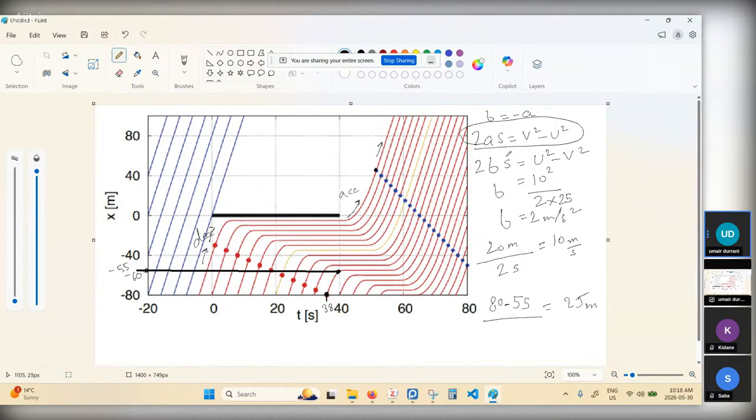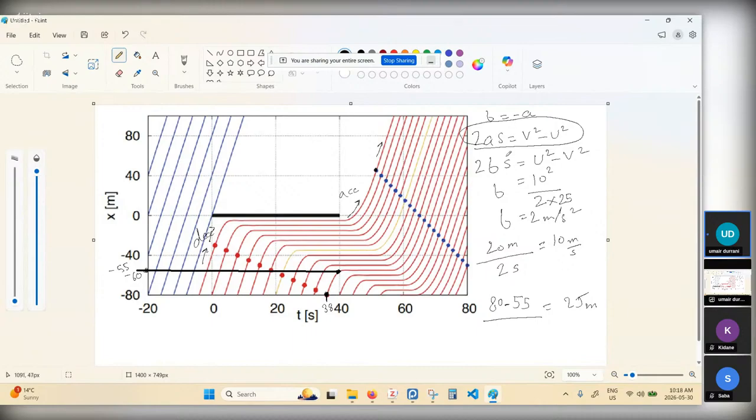But since we are looking at the braking distance, starting from this red point, deceleration starts. So deceleration starts and then eventually you stop. That's why the trajectory is horizontal. So this is negative acceleration or deceleration. So we plug in that here.